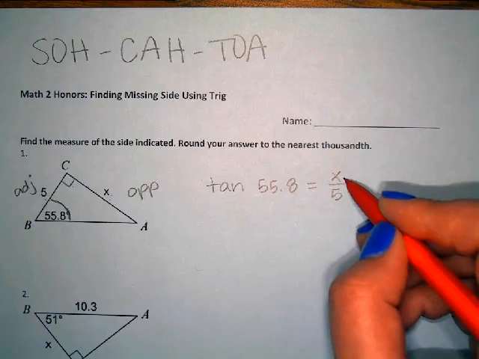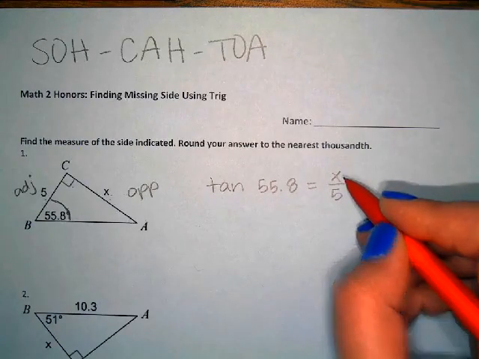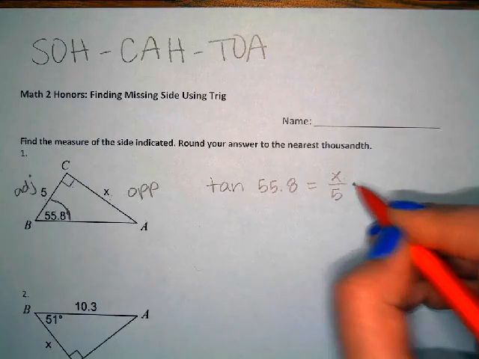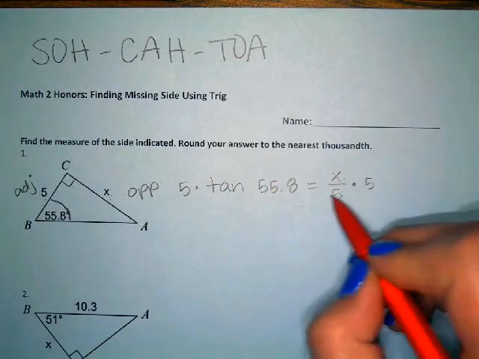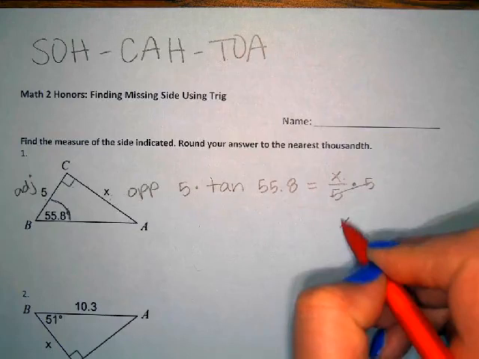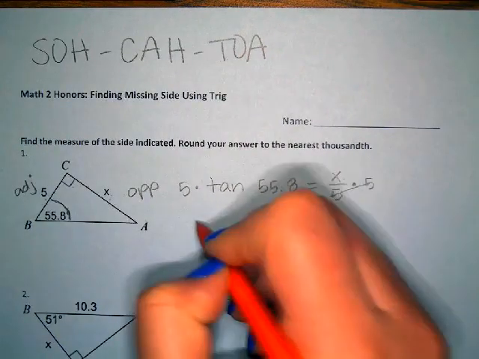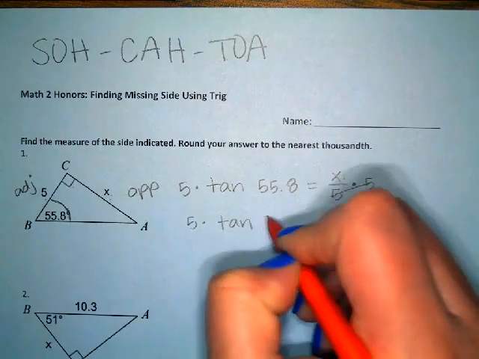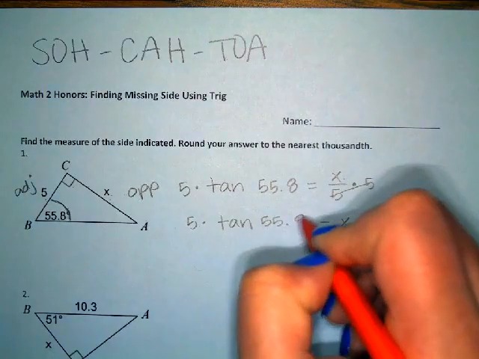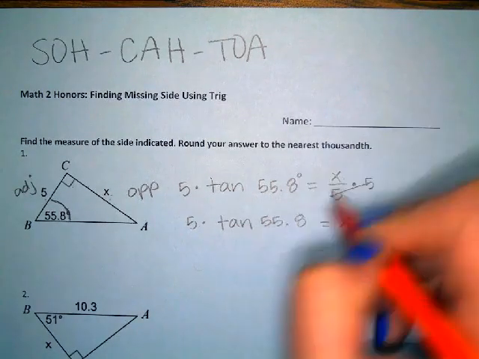So how would we do that? Multiply by 5. So I'm going to do times 5 times 5. So x, the missing side, equals 5 multiplied by tan 55.8 degrees. I should put a little bubble there for degrees.